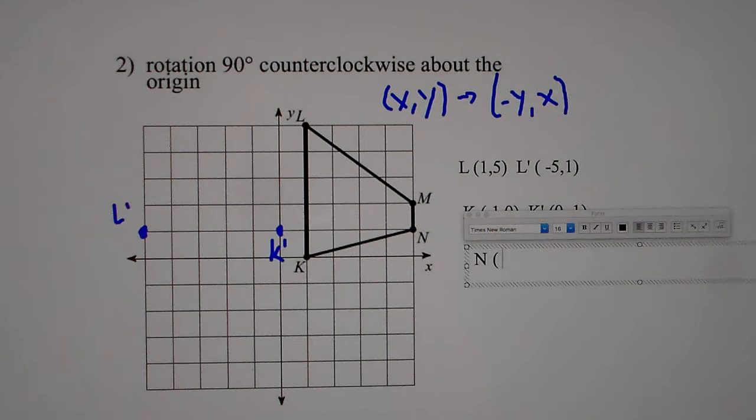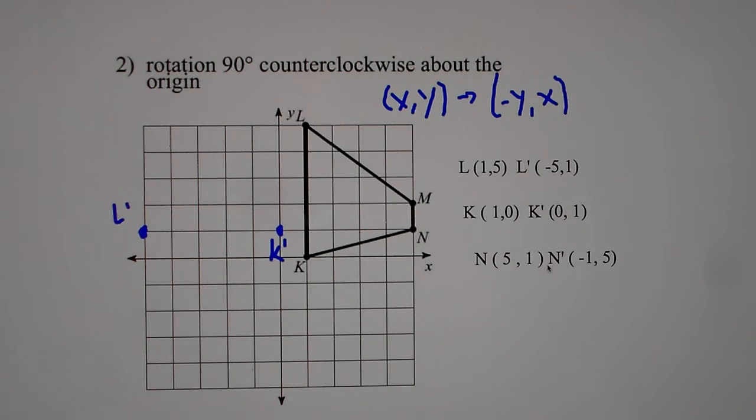N is 5 to the right, 1 up. So when we do change it up, for N prime, it becomes (negative 1, 5). There we go. So negative 1, 5. So 1 to the left, 5 up. That's our N prime.